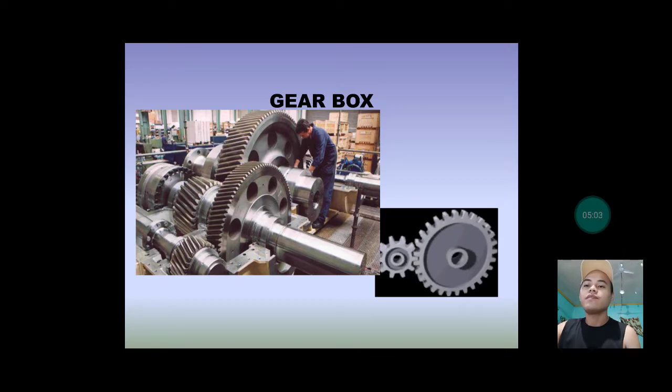If you have a high-speed engine connected to your propeller, you need to reduce the speed using a gearbox, and then that reduced speed is transmitted to the propeller, because a high-speed propeller is not efficient in moving a ship. It has more energy loss rather than useful energy.